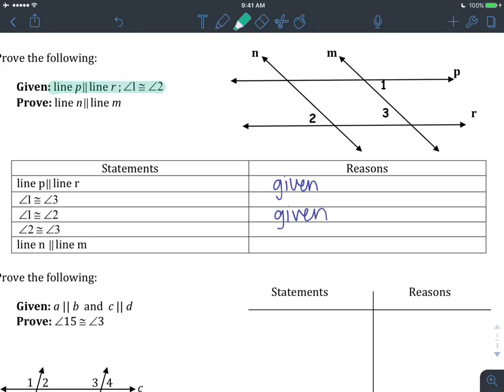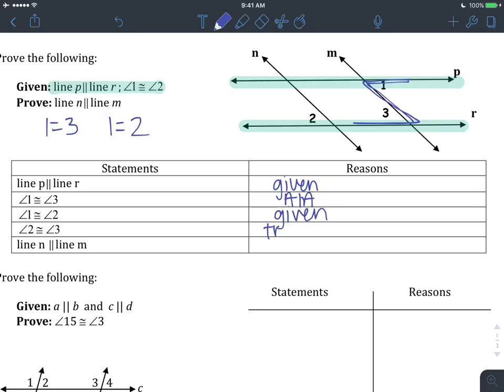So we have these two parallel lines, P and R. If we know that those two lines are parallel, then we know that 1 and 3 are congruent because those are alternate interior angles. Then we know that 1 and 2 are congruent. So what that means is 1 equals 3, and then 1 is also the same as 2. So 2 and 3 have to be congruent by the transitive property.